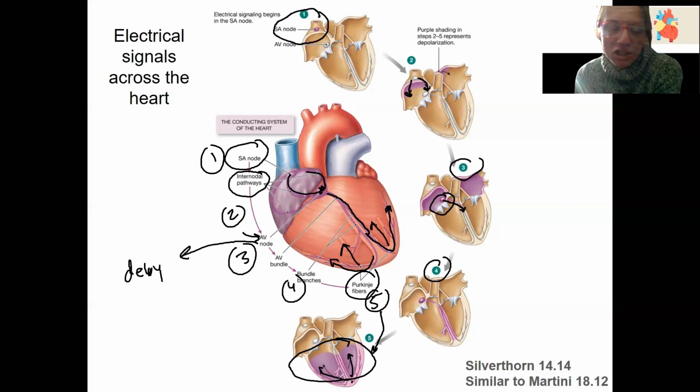That allows for contraction to be slightly sooner at that apex. That's pretty convenient if we want to force blood up this way. We don't want to squeeze the toothpaste tube at the top of the tube. You want to squeeze it at the bottom of the tube, or your family will get annoyed at you. So same idea with the heart. It's going to squeeze bottom up, and then it's coordinated. It's almost all at the same time.